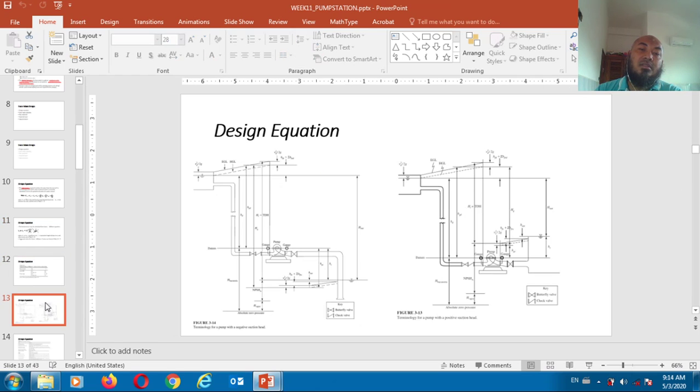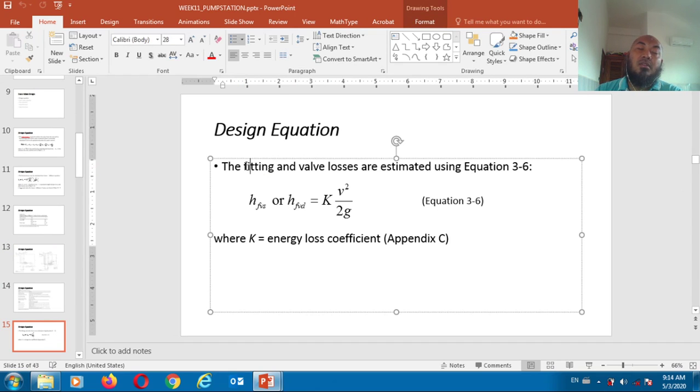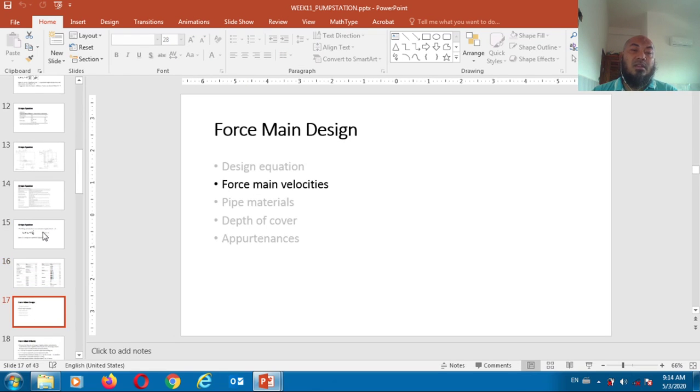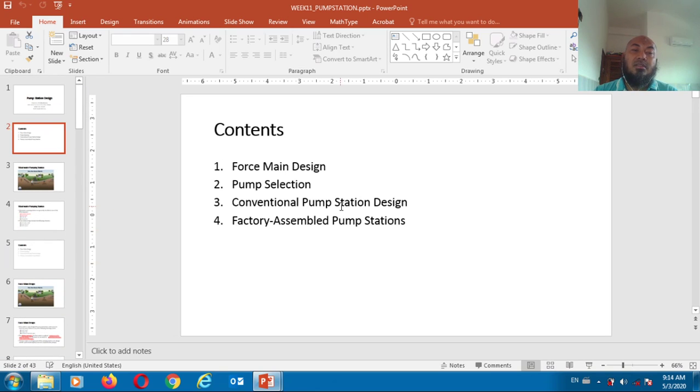Another loss is the minor loss, which is the loss along the fittings, the connections, the valves, etc. These two equations are important for us, and then we will get the total head loss for designing the force main.